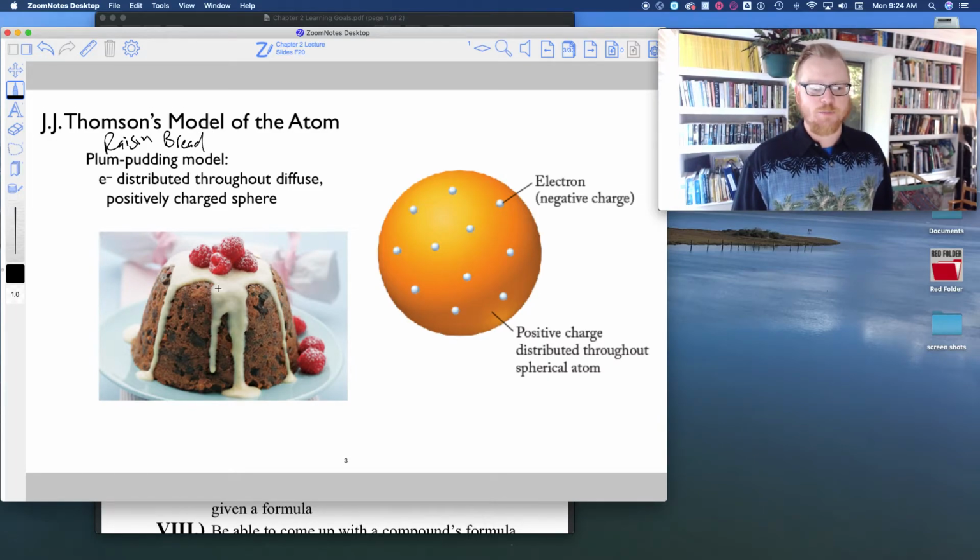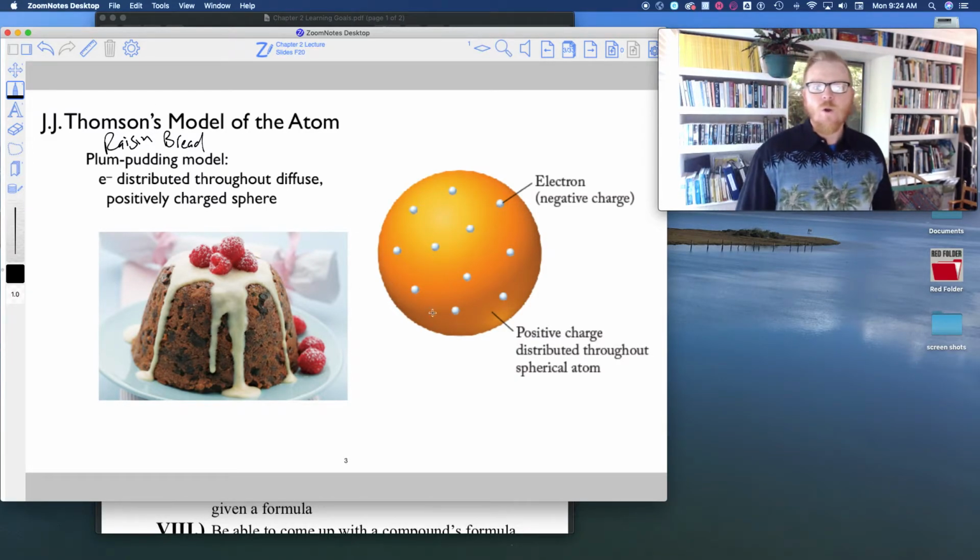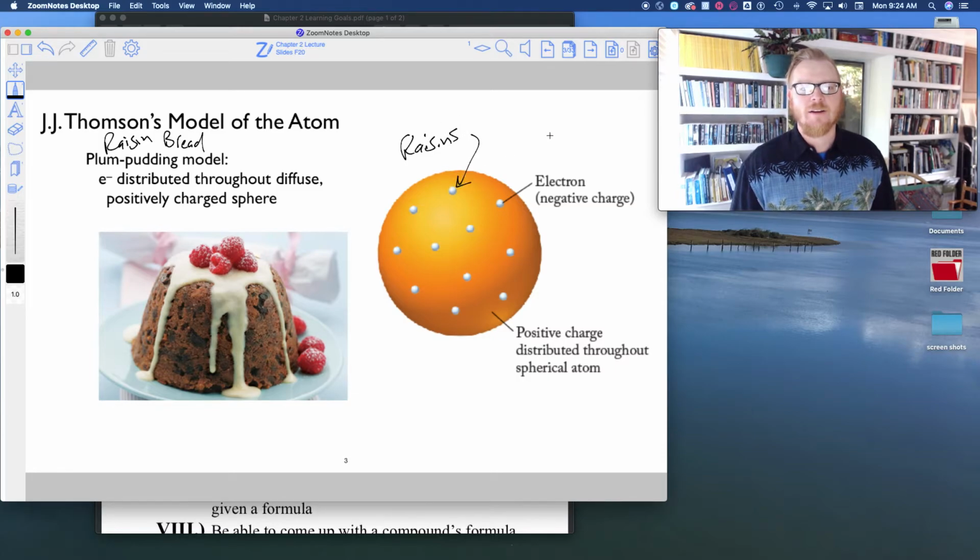But anyways, here's plum pudding. And so in plum pudding, you have these raisins all distributed through the bread, right? So J.J. Thomson thought that the atom was all this positively charged stuff. So positive charges distributed throughout a spherical atom, and all the little raisins, if you will, were the electrons, kind of randomly spread out through the atom.